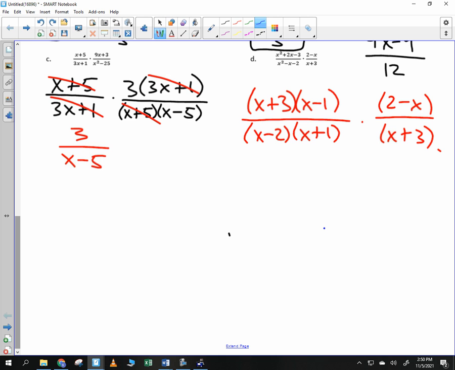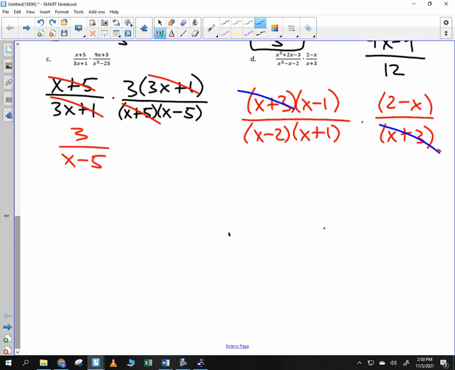What do you see is going to reduce? Can I just cancel off the x minus 1 and the x plus 1, say those are close enough? No. Sure looks like the x minus 2 and 2 minus x, don't those look pretty close? Actually, I can make them the same. What could you factor out of this to make it look identical to this?